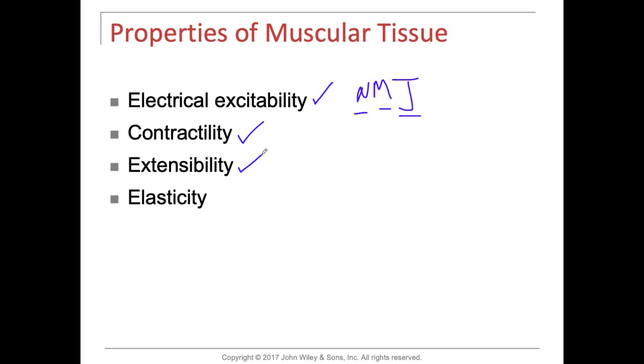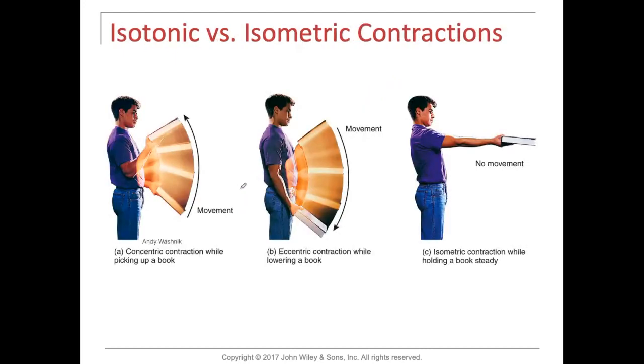That's extending, extensibility. And elasticity is the degree of flexibility and elasticity that it has before it becomes damaged. When a muscle is stretched beyond its anatomical limits, it tears or it strains. Okay, when I come back in another video, we will talk about 3 different types of contractions: concentric, eccentric, and isometric.